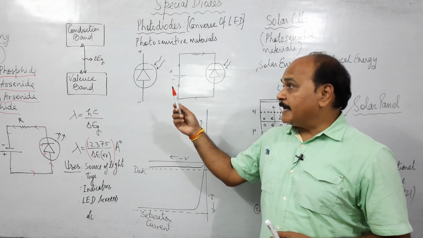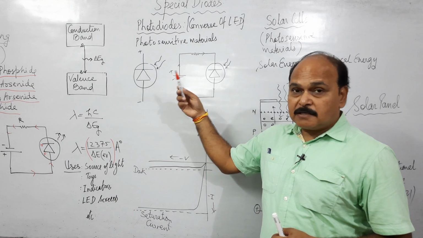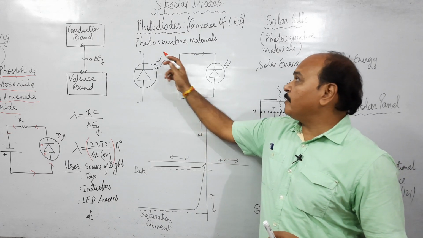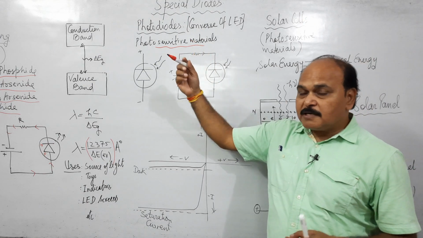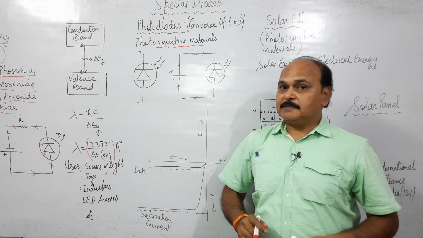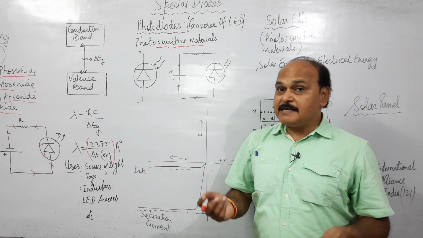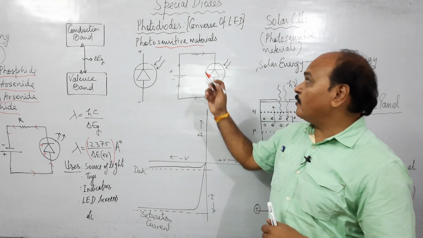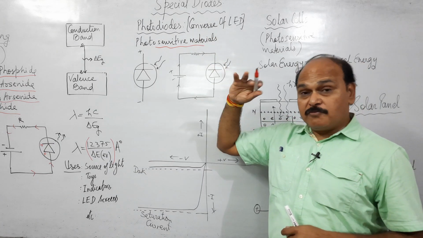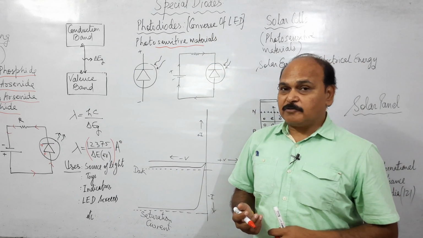Photodiodes, like LEDs, are again special diodes made up of photosensitive materials. These photodiodes are just the converse of LEDs. All LEDs are forward bias special diodes, but all photodiodes are reverse bias special diodes.